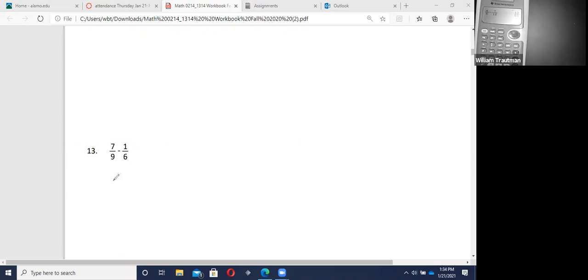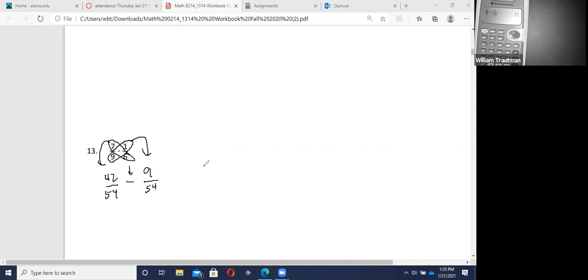Write 2 new fractions. Multiply the bottoms. 9 times 6 is 54. Then multiply these two together. 7 times 6 is 42. Then multiply these two together. 9 times 1 is 9.